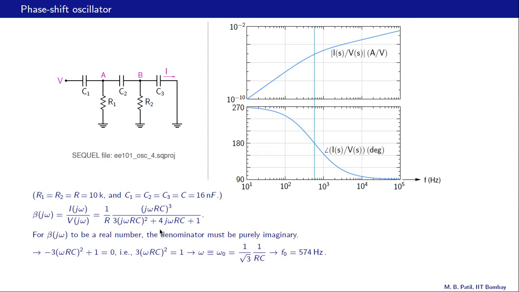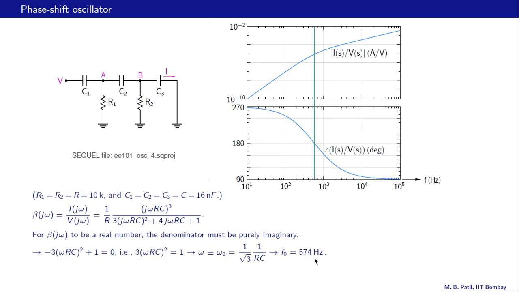That leaves only this purely imaginary number over here, and then beta will be real in that case. So that gives us 3 times omega RC squared equal to 1. So omega RC would be 1 by square root 3, and therefore omega 0 would be 1 over square root 3 times 1 by RC.